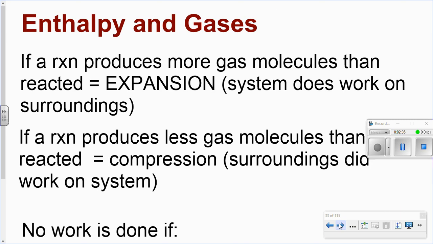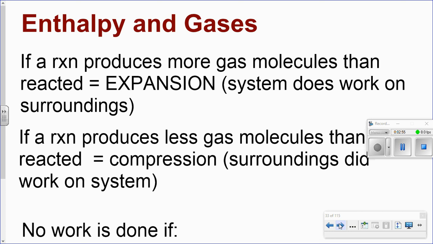Now, I know we looked at this a little bit before, but to go a little bit further, remember, if a reaction produces more gas molecules than reacted, then that's expanding. The system is expanding. Okay, now something is happening with work. If the system is expanding, that means the system is doing work on the surroundings, or work is leaving to do work on the surroundings.